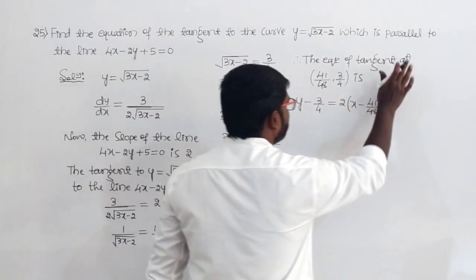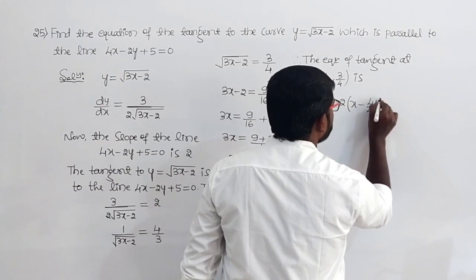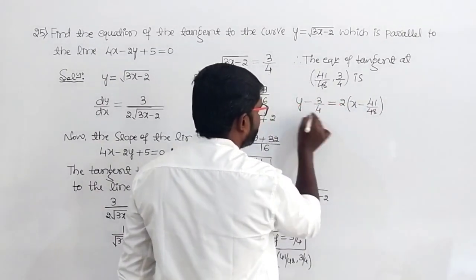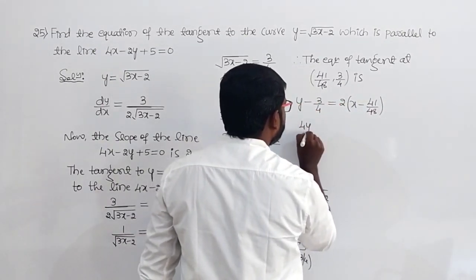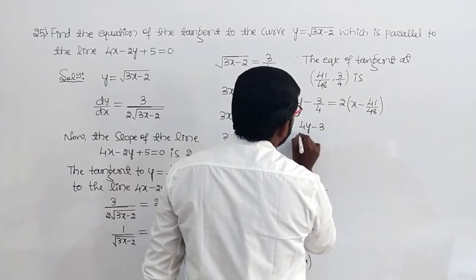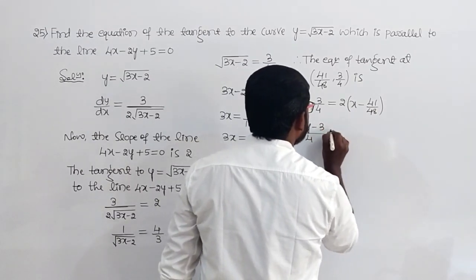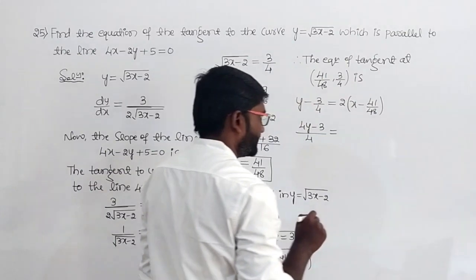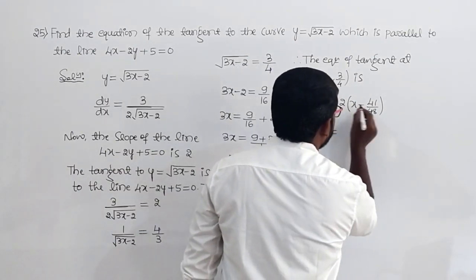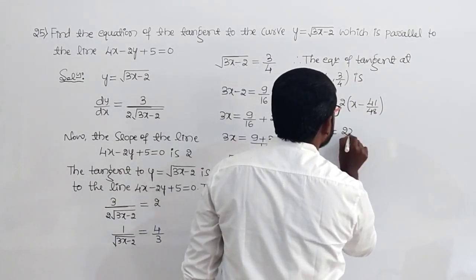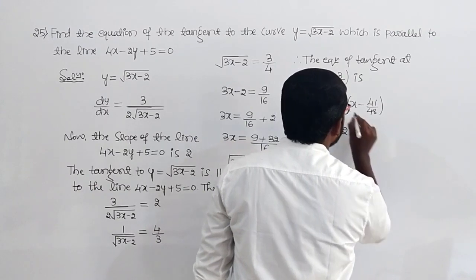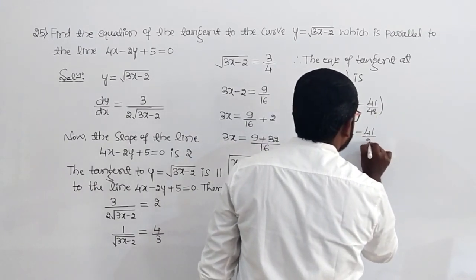Let us simplify this now. So we get (4y minus 3) divided by 4 equals, multiply 2 inside, you get 2x minus 41, 2 ones are 2, 24s are, you get 24.